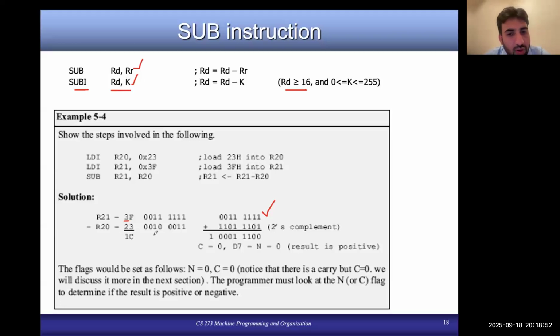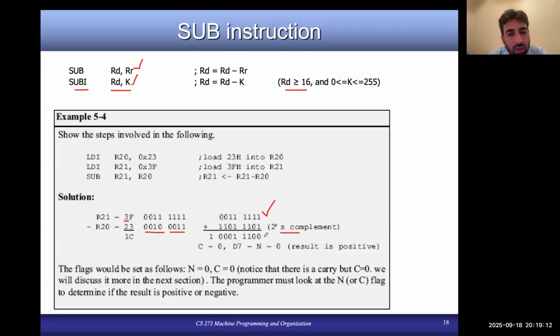For 23, we write it in 2's complement. So its binary is this one, 0010 for 2, and 0011 for 3. Then we take its 2's complement and we get this number, 11011101, right? And here it is already shown as 2's complement, right? And then you simply do the addition, right?